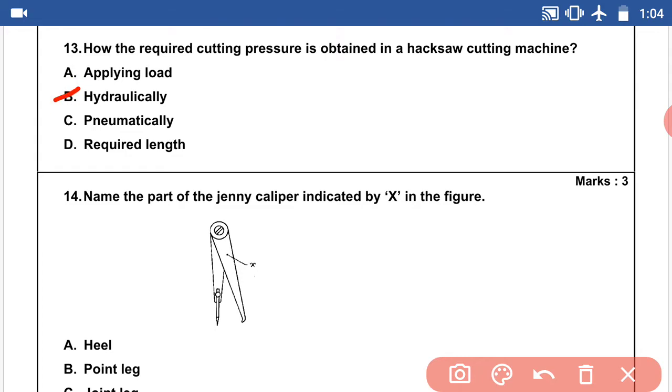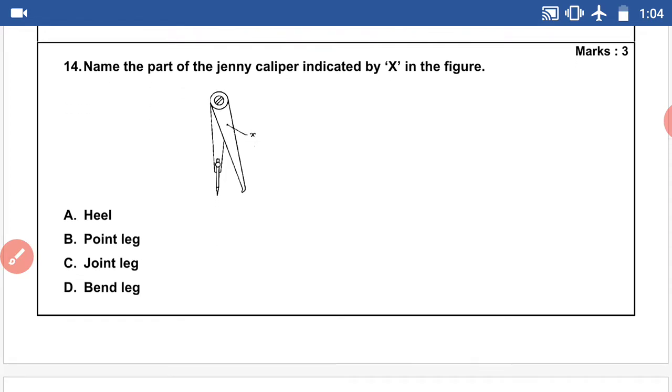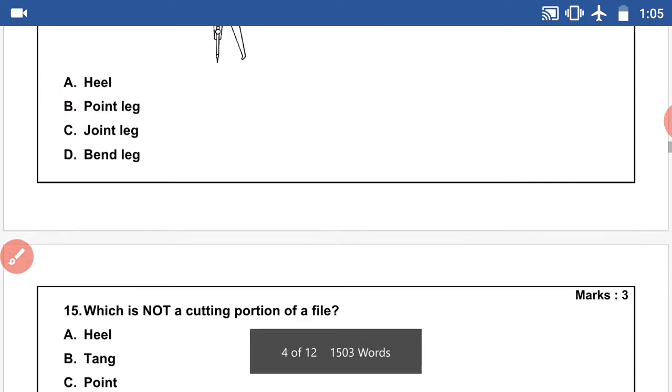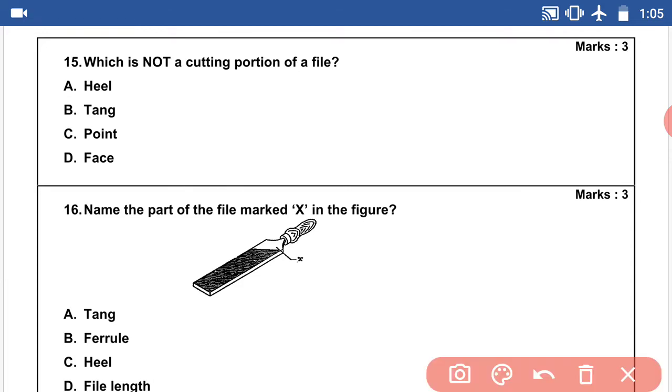Question number 14. Name the part of the vernier caliper indicated by X in the figure. The X part name is heel. Option A is correct. Question number 15. Which is not a cutting portion of the file?